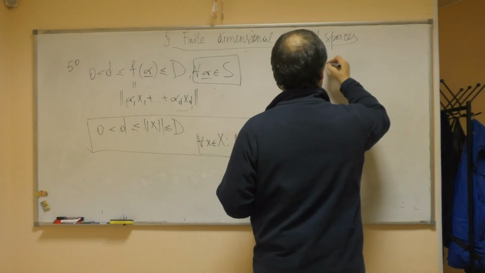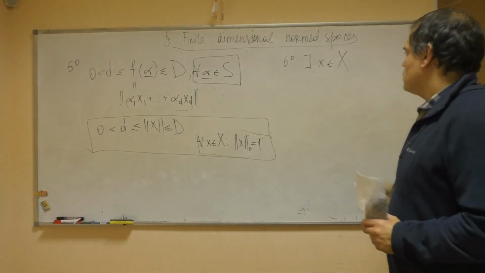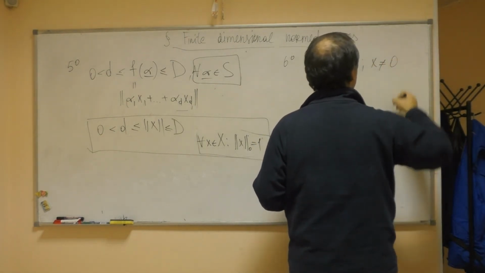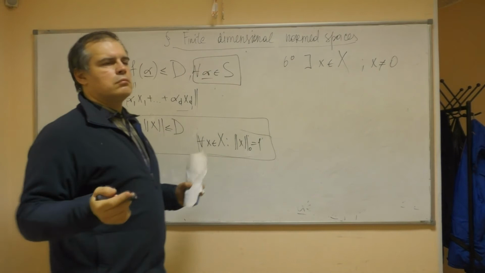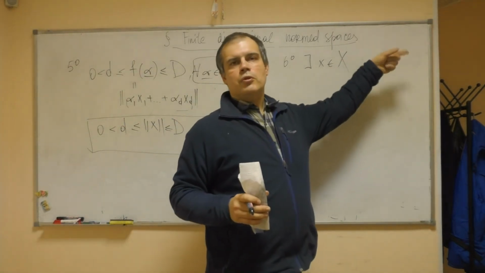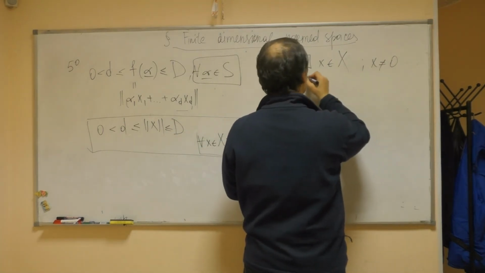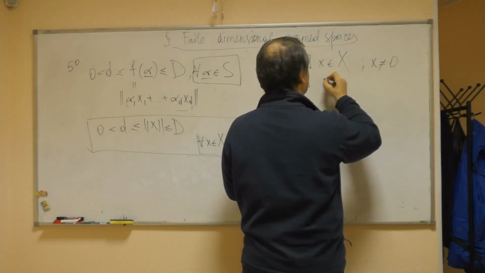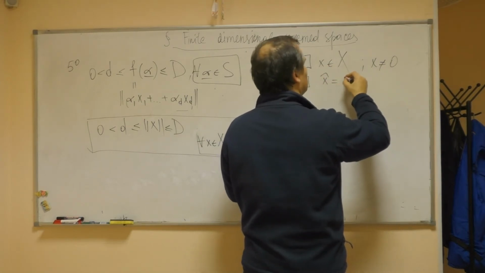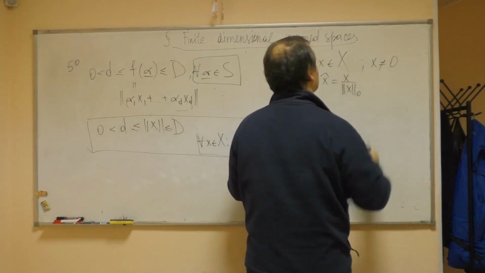Let's take x from X, any elements. Only one requirement, it is not 0. So for x equal to 0, everything is obvious. So let us denote x with a roof as x divided by its 0 norm.